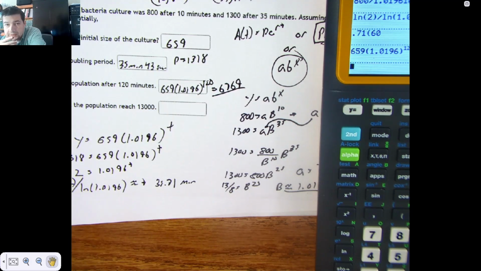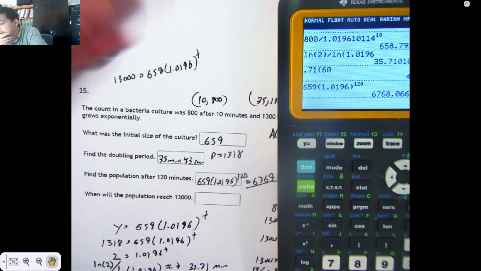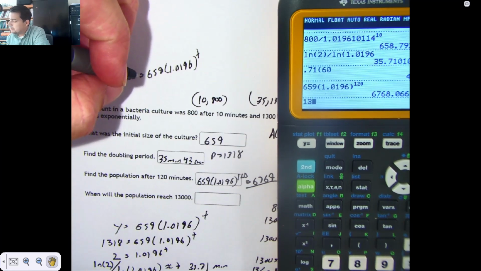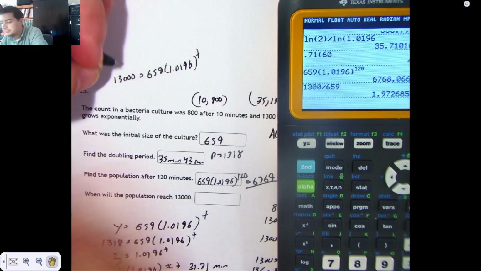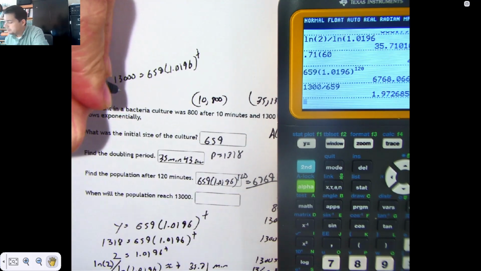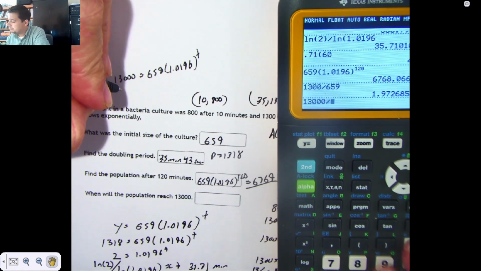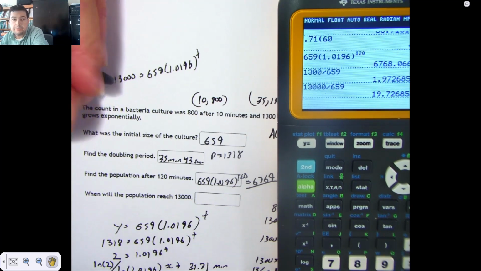And when does it reach 13,000? I don't think you guys are going to have an issue with that. You've gotten pretty good at this stuff. Take your 13,000 and set it equal to your original 659 times 1.0196 to the t, and then crank it out. 13,000 divided by 659 is not a very pretty decimal, so I'm not going to do anything with it.